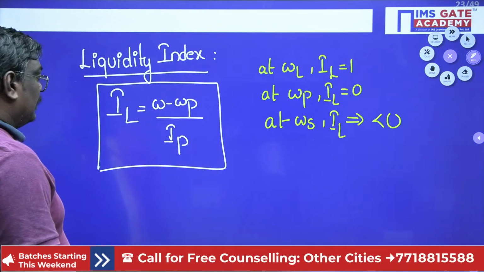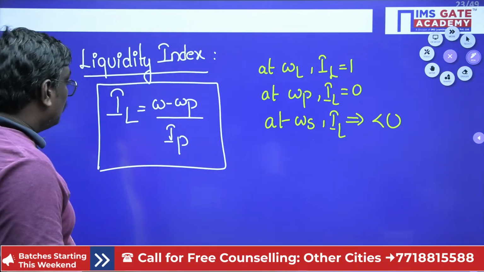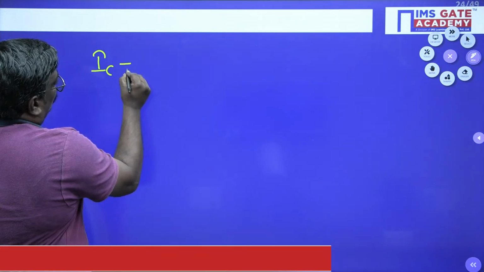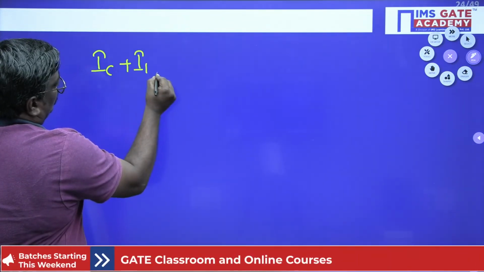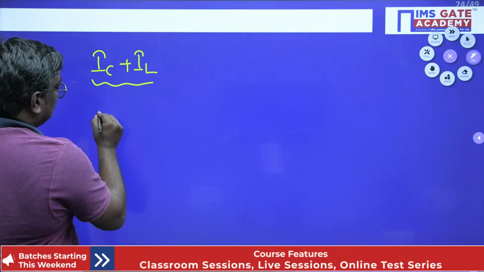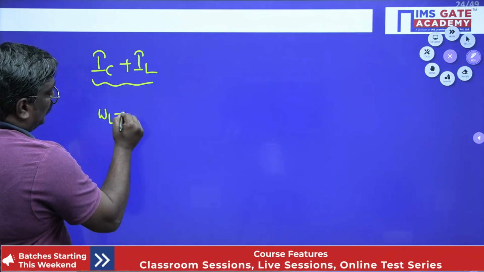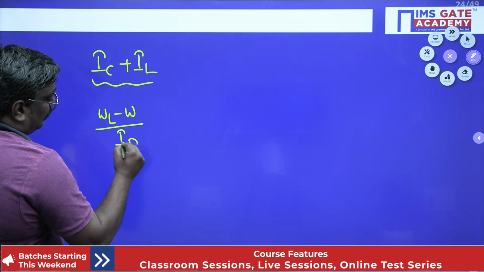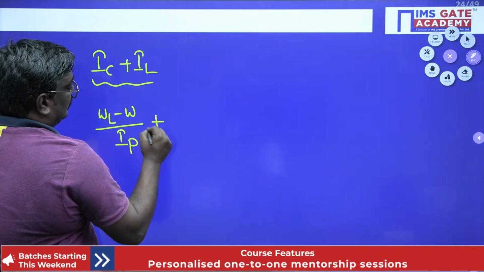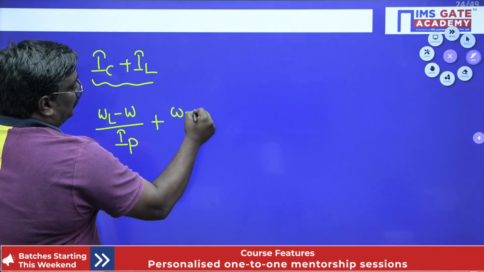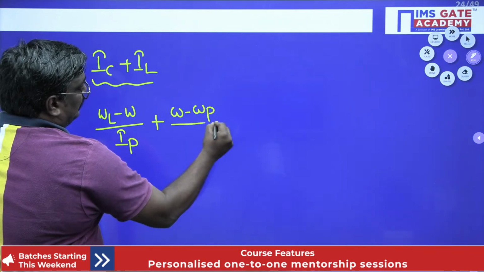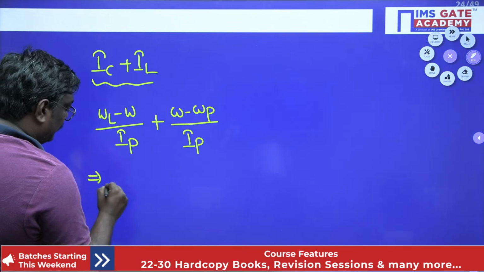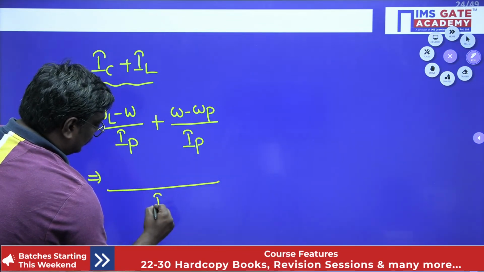Now see students, why this happens, I will tell you. You can write the formula IC plus IL. Based on this you can also understand. IC is WL minus W upon IP, and the liquidity index is W minus WP upon IP. If you solve this, the LCM will be the plasticity index, that is IP.